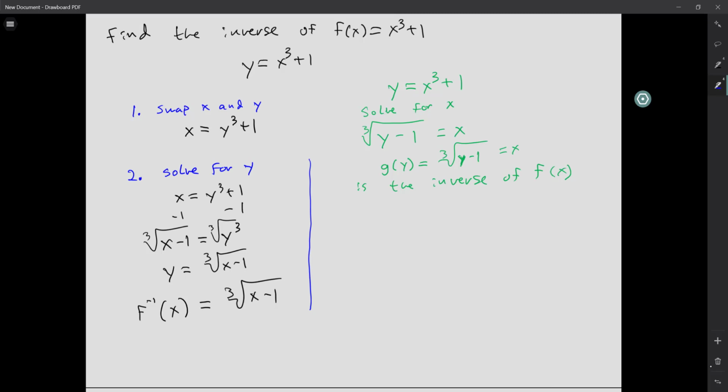If I get more than one answer, then I know that it fails the horizontal line test, and it would therefore not be an invertible function.